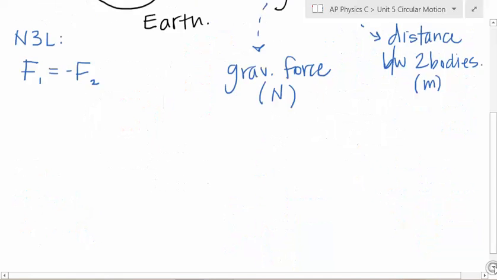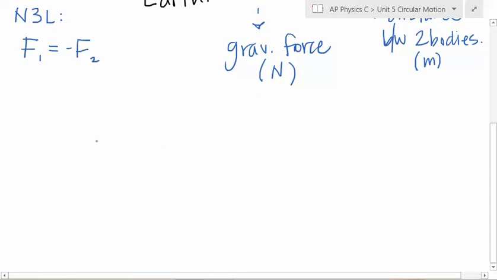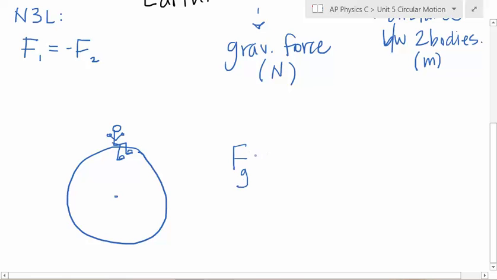All right, so if the Earth was like this thing here, and you're sitting here on the Earth, what force is acting on you? If you were to draw the force diagram on the person. Sure. So the gravitational force on you, or a person, would be equivalent to this G M1 M2 over R squared.